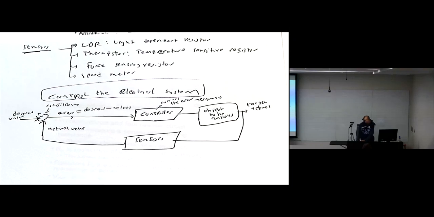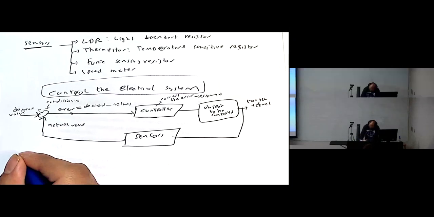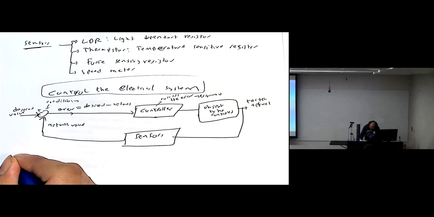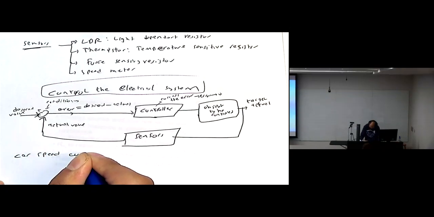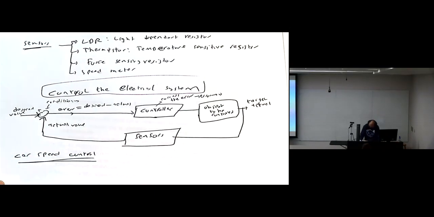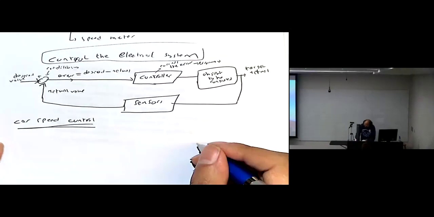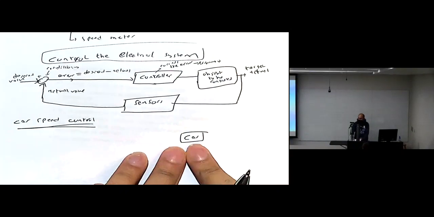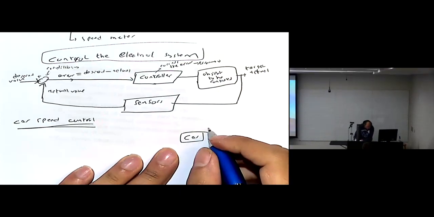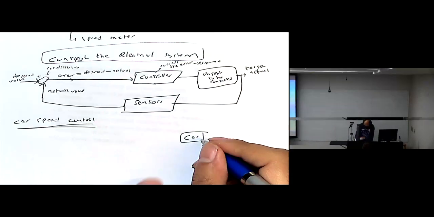Let's see an example for that, which is the cruise control for car speed control. I have a car, which is the object to be controlled, the car speed.